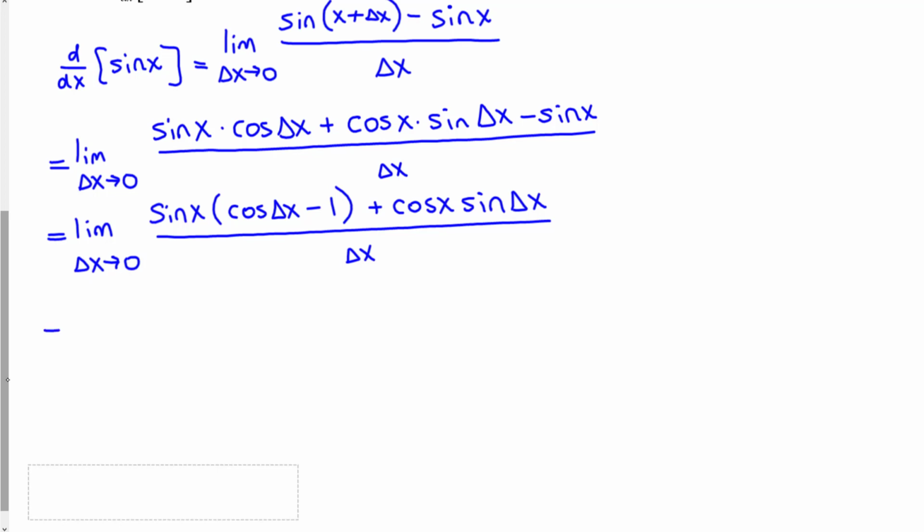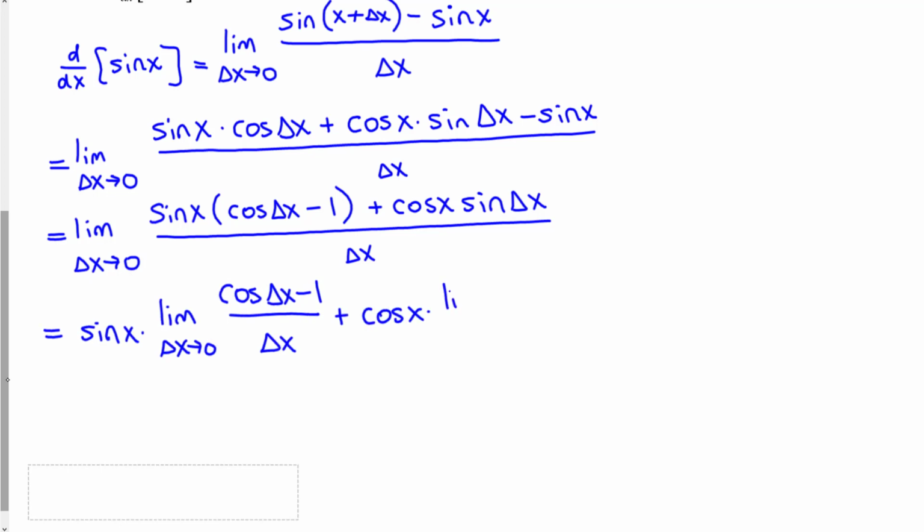So I could write this as sine x times the limit as delta x goes to 0 of cosine delta x minus 1 all over delta x, plus the cosine of x times the limit as delta x goes to 0 of sine delta x over delta x.